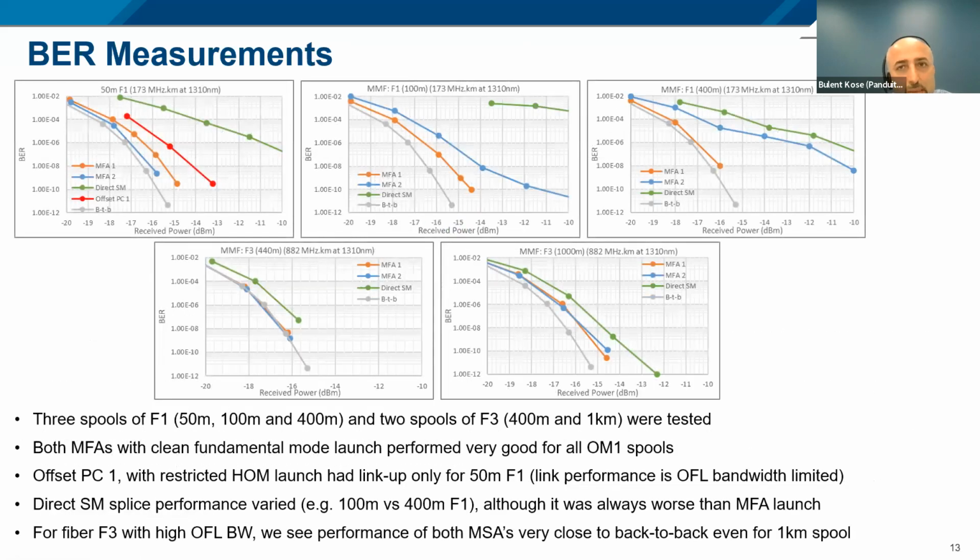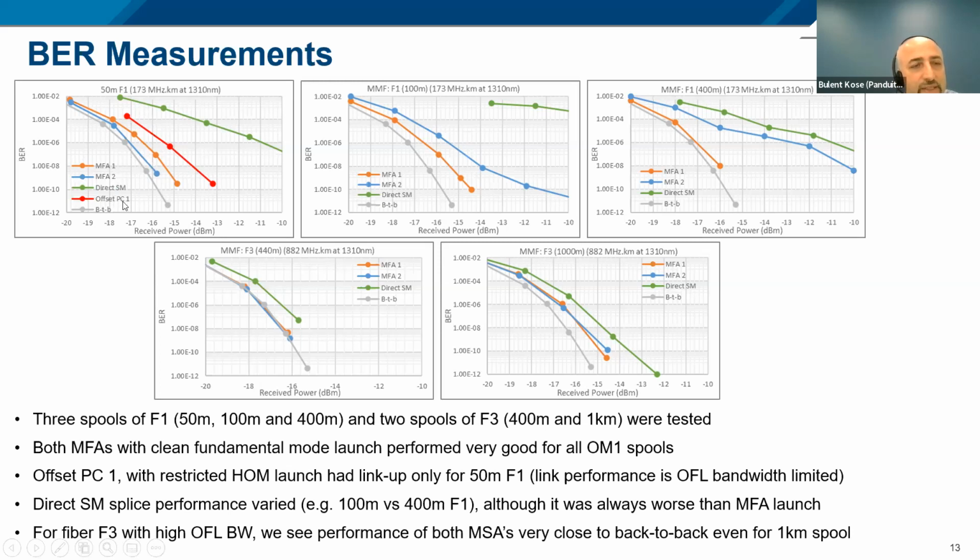And so these are basically the results for two fibers: the F1 fiber, which was the worst case fiber, very low in overfilled modal bandwidth, and the F3 fiber, which had the best overfilled modal bandwidth at 1300. So if you look at the 50 meters of F1 fiber, what we're seeing is that mode field adapter 1 and adapter 2 perform quite well.